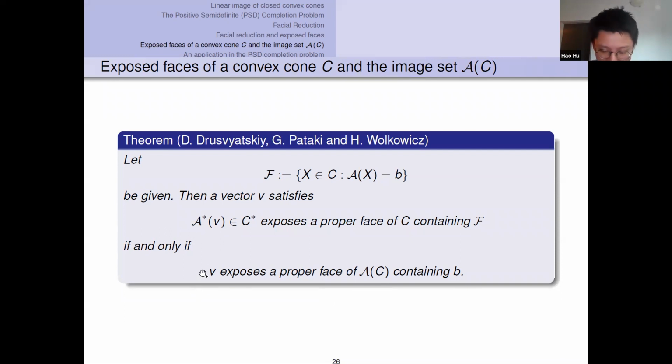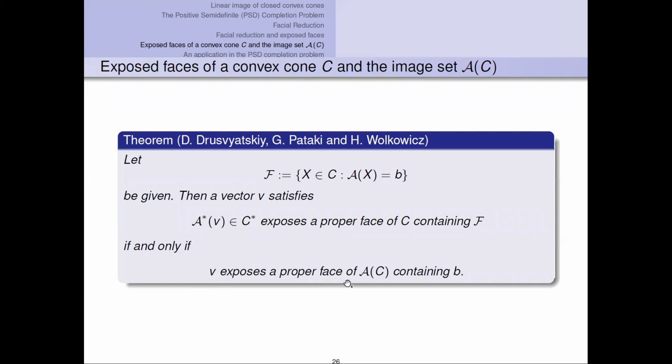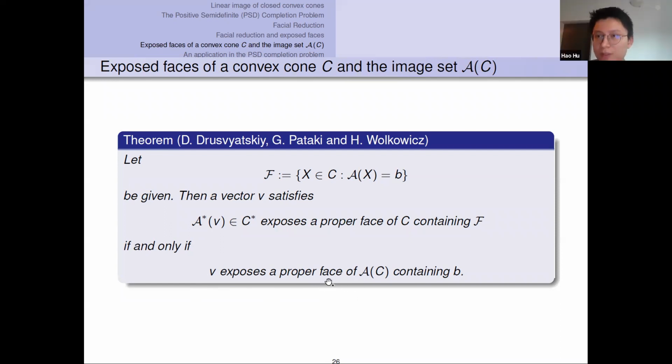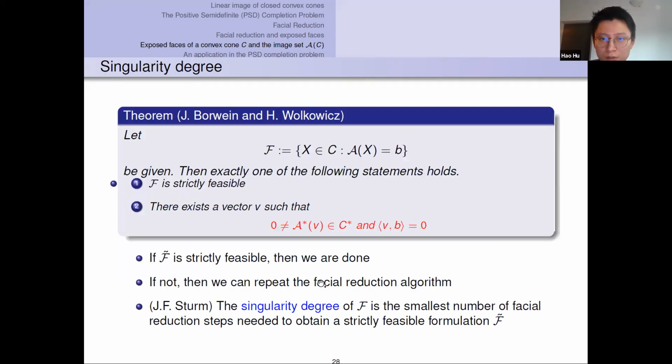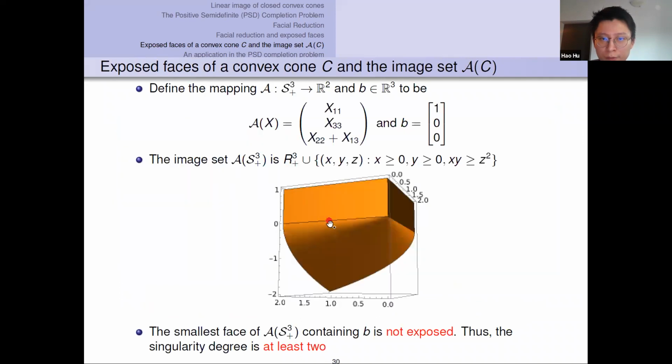The second case is that not all the faces of the image set containing B are exposed, so the minimal face is not exposed. In this case, the singularity degree is not 1.